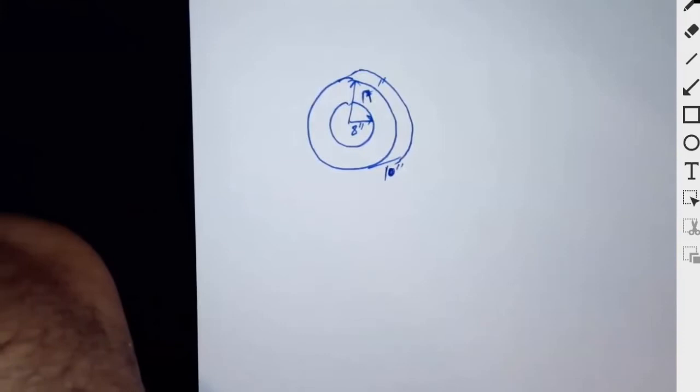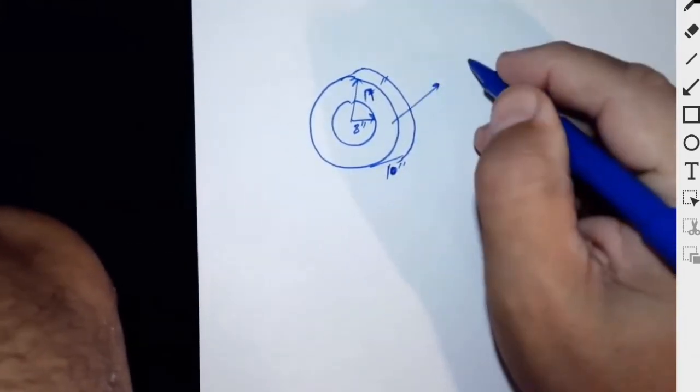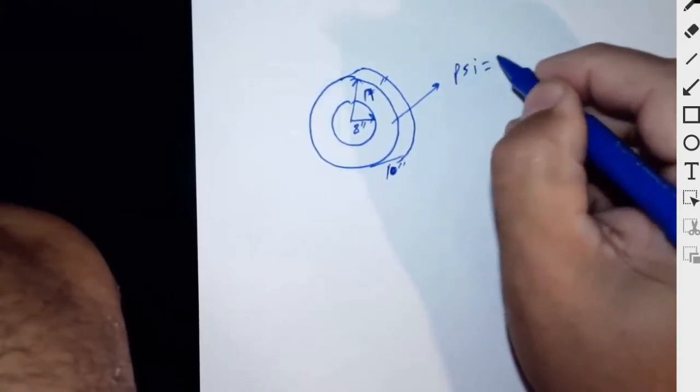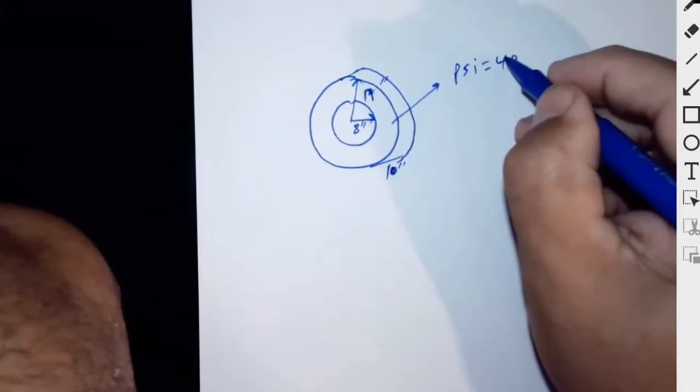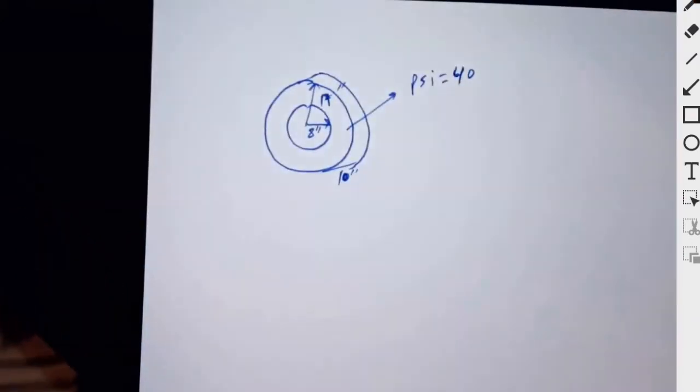Okay, so now let's say you want to fill it to a pressure. The typical pressure that most tires you run at is 40 psi, 35 to 40. You don't want to fill it too much more than 40. But that is actually the gauge pressure, right?